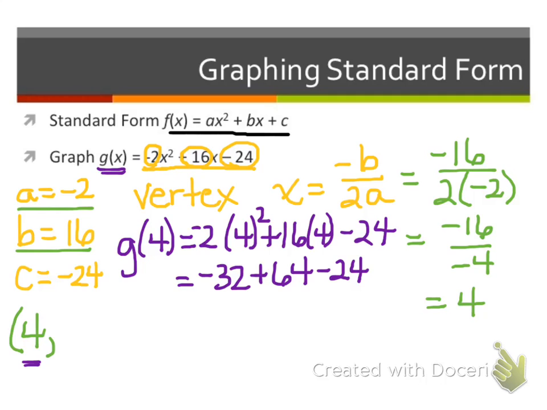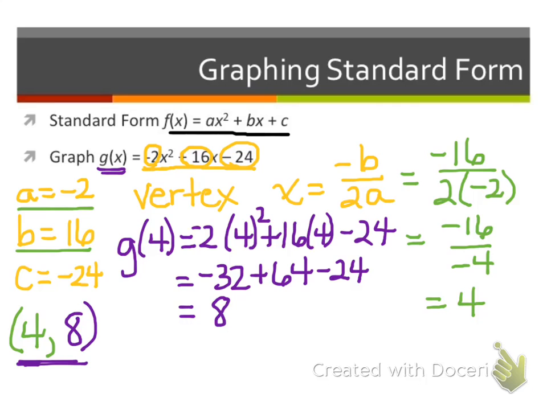So when we add all this together, our two negatives would give us a negative 56. Negative 56 combined with positive 64 is going to give us a positive 8. So my y-coordinate here is going to be positive 8. And now I know where my vertex should be for my parabola.